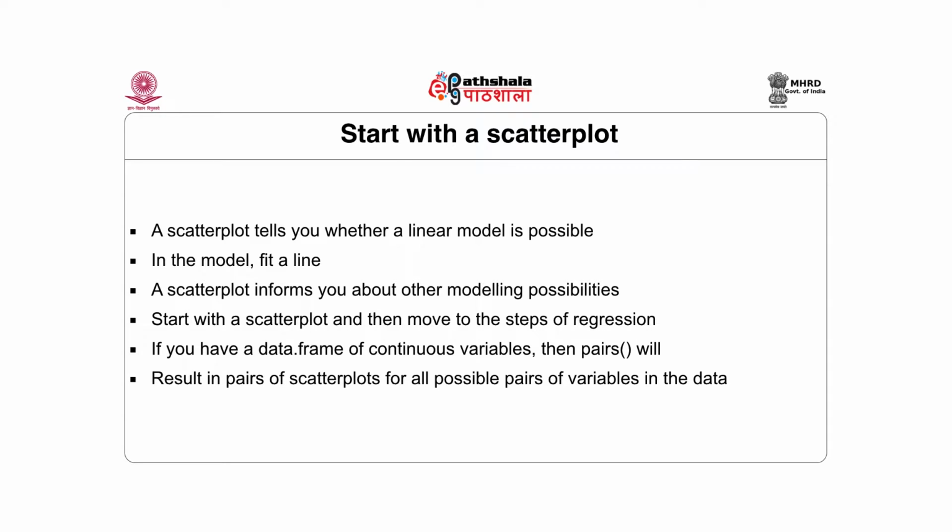So out of your data, create a separate data frame that only contains the continuous variables, and then use the function pairs with no parameter inside it to create pairs of scatterplots of many different variables. This is going to result in pairs of scatterplots for all possible pairs of variables in the data.